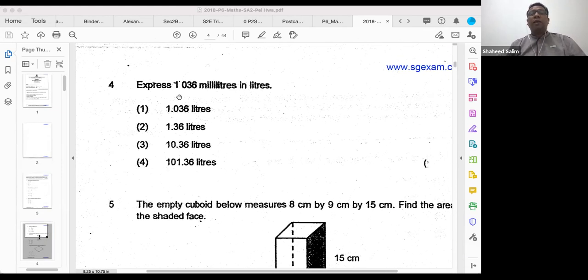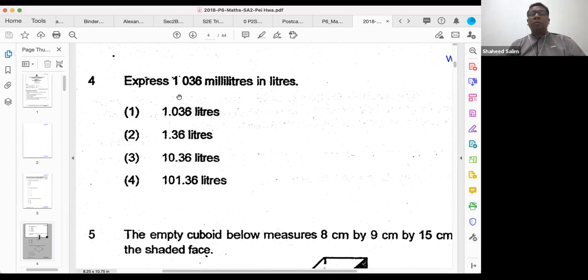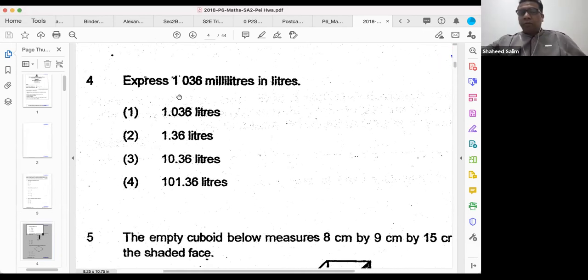This one again, 1 liter is 1,000 milliliters. Come on. Oh, very fast.